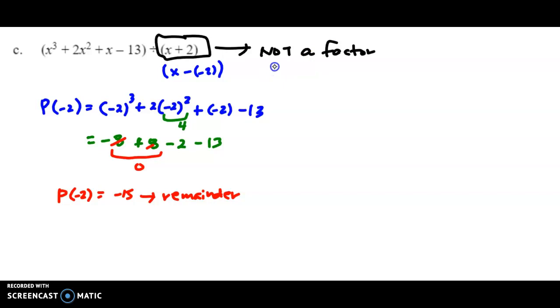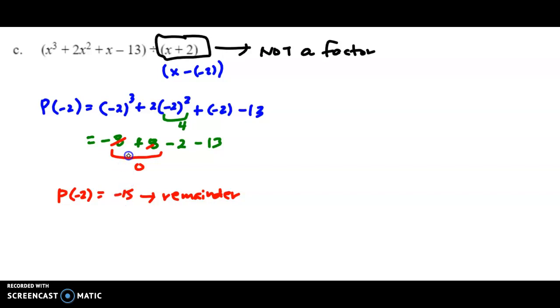If it was a factor, it would divide nicely, and then your remainder would be 0. Okay, and so because we got negative 15, which is the remainder, that means x plus 2 is not a factor that divides x cubed plus 2x squared plus x minus 13. Okay, it's only a factor if you get a remainder of 0.